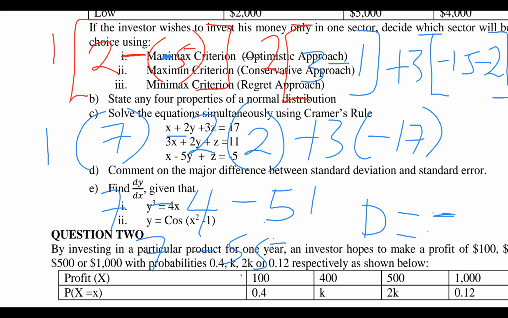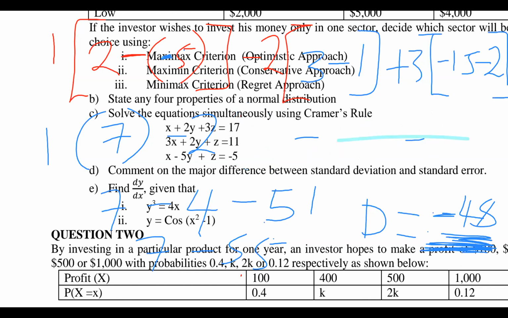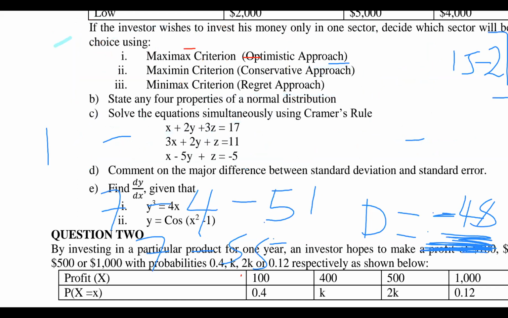Negative 48, sir. Negative 48. Very good. So we have found the general determinant that we are going to use. That one we put in the denominators, right? That's the one. Negative 48. Now that we have found negative 48, we can keep that one as the general determinant.